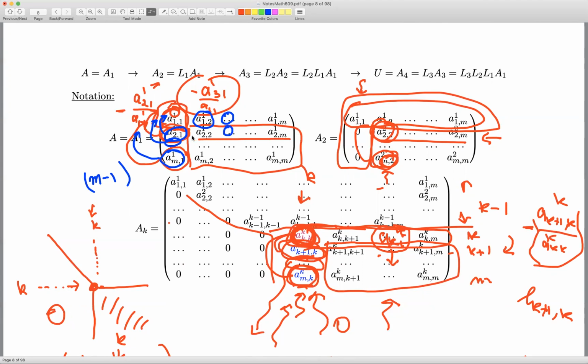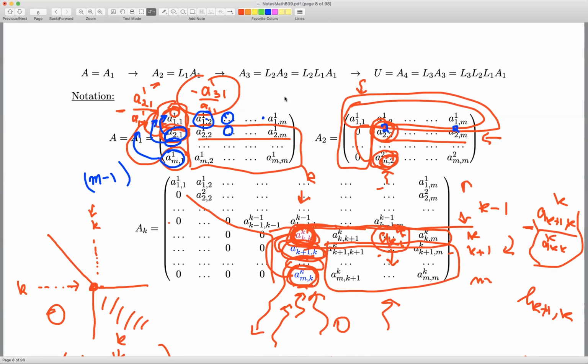We do not discuss what will happen on the first position on the second row, because we know that this will be 0. This was the way we selected L, so we do not count those as operations because we know that they will be 0 even when we don't perform them. So we have multiplication of each of the terms here, which are m minus 1. So we have m minus 1 multiplications, and we add this to each of those terms here to compute the corresponding elements of the matrix at the next iteration, which will have upper index 2.